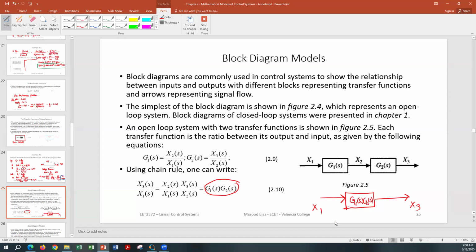Now, since everything is a function of S in the Laplace domain, most of the time I don't specify that it's a function of S because it becomes too large. So most of the time I will write G1, G2 instead of G1S and G2S.